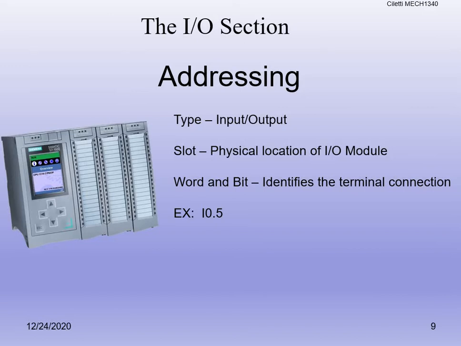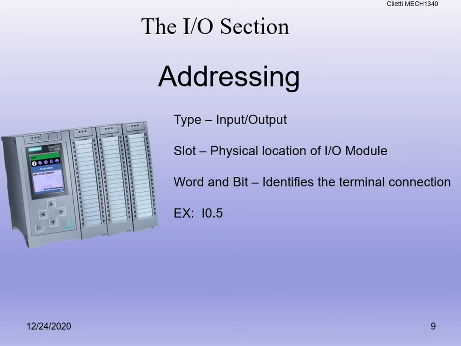The slot, that's the physical location, and we start at 0, and then we go 1, 2, 3, 4, 5, 6, 7, and count up. In this case, the slot is 0. It's the closest one to the processor. And then the last piece is the bit. That's going to be 0.0, 0.1, 0.2, 0.3, 0.4, 0.5, 0.6, or 0.7.